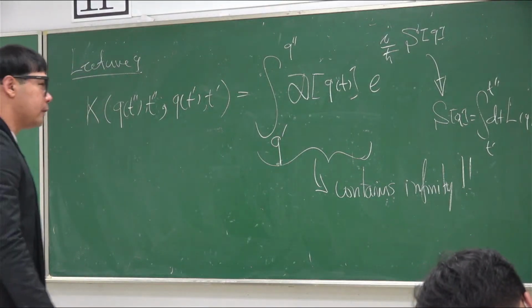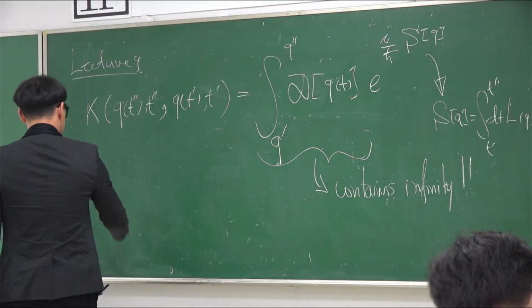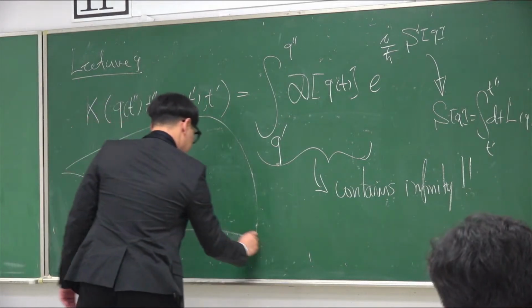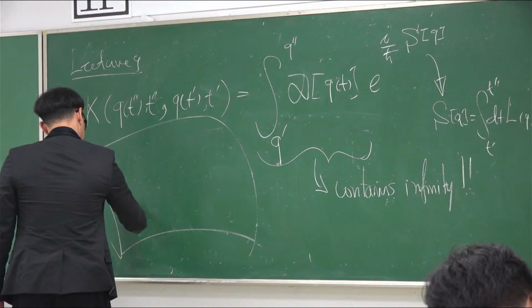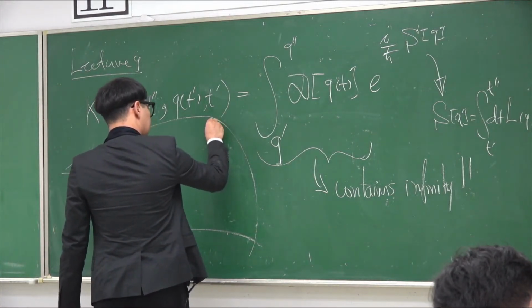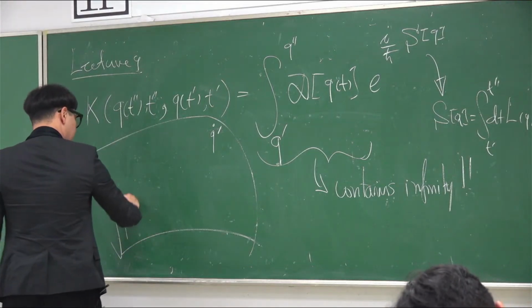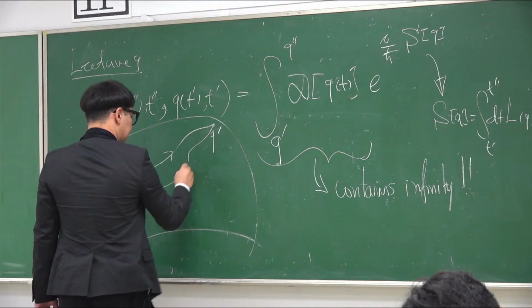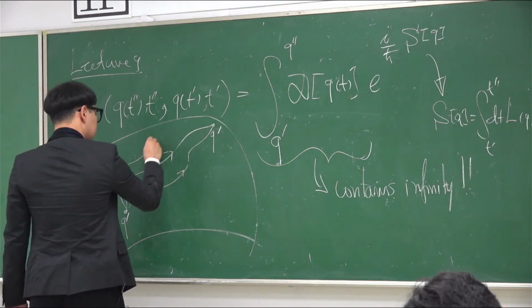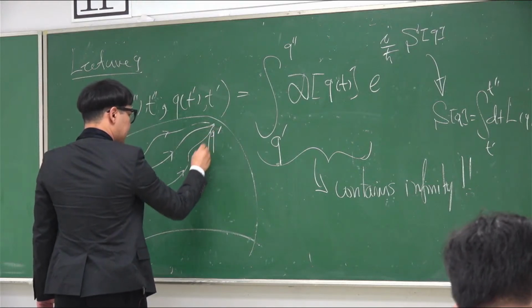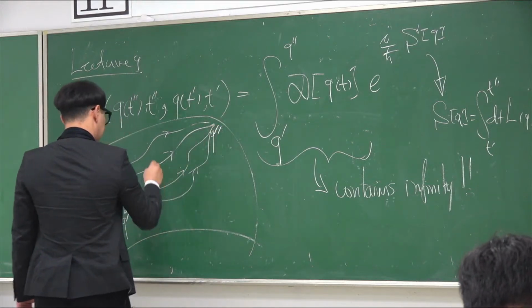So the thing is, if you have a configuration space like you have here, with two points, you have an infinity of paths where your particle goes from the initial point to the final point.